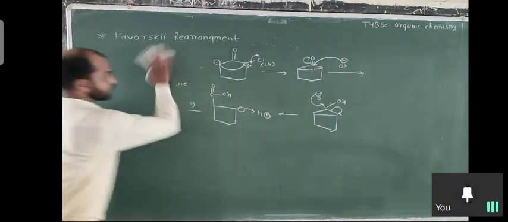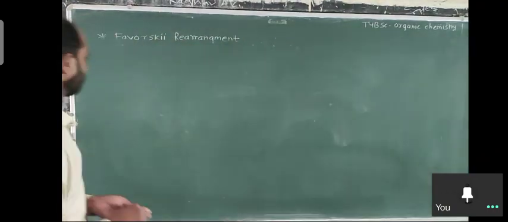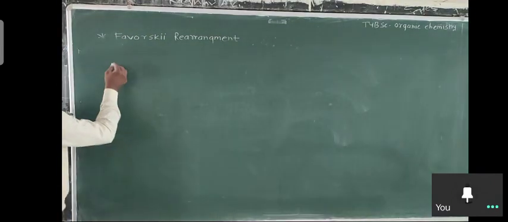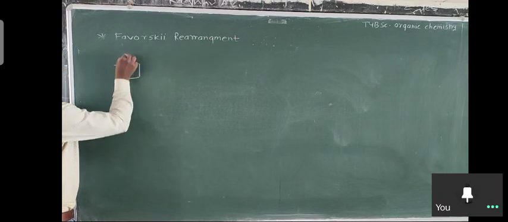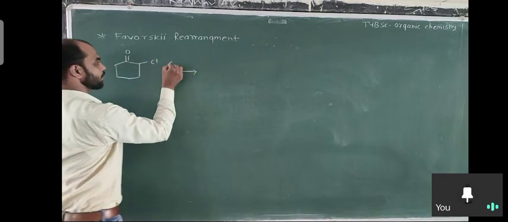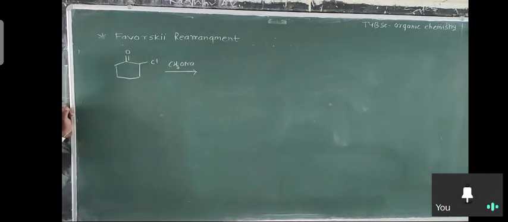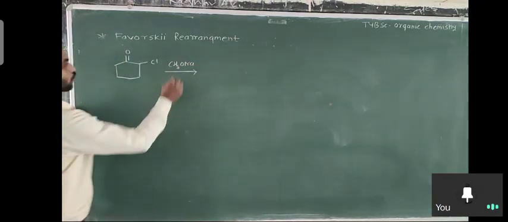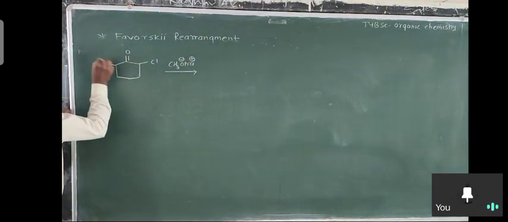Next example is, suppose the same example, here is a Cl, but if we use the base CH3ONa, sodium methoxide, so O negative. So what happened first?